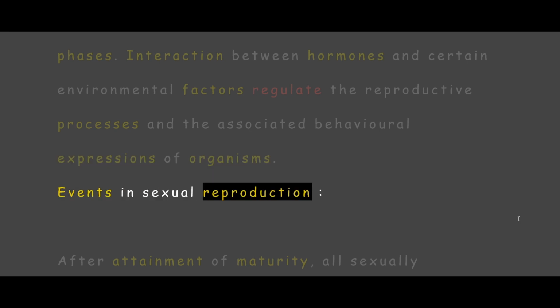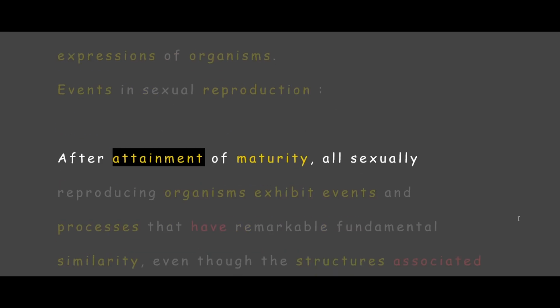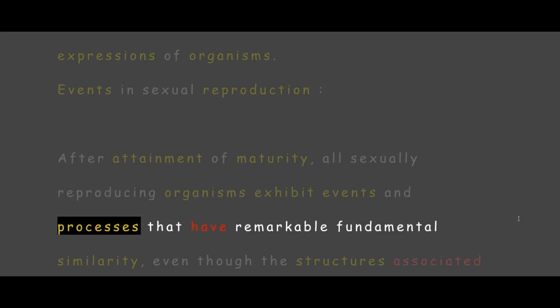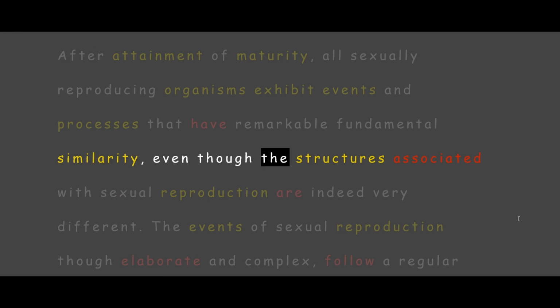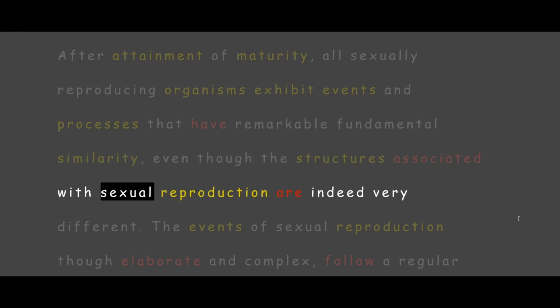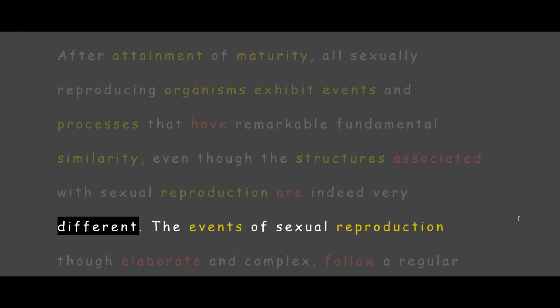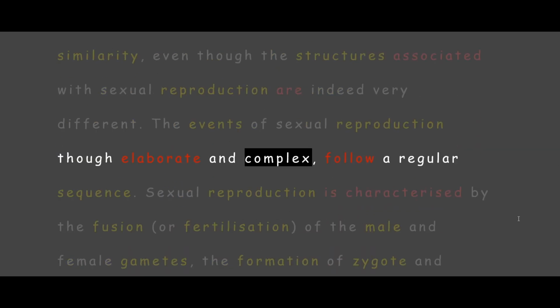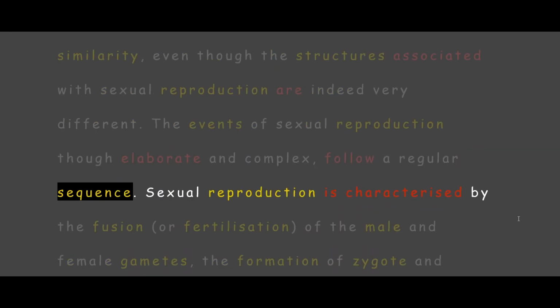Events in sexual reproduction. After attainment of maturity, all sexually reproducing organisms exhibit events and processes that have remarkable fundamental similarity, even though the structures associated with sexual reproduction are indeed very different. The events of sexual reproduction, though elaborate and complex, follow a regular sequence.